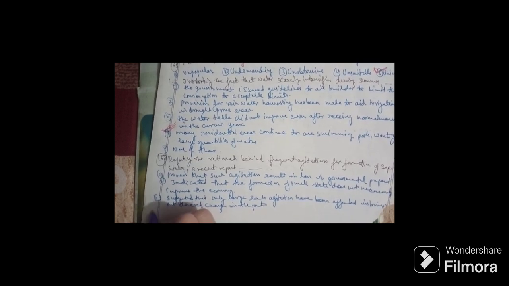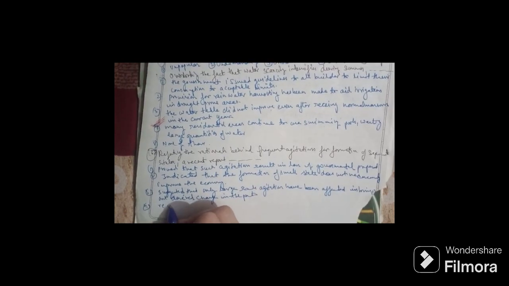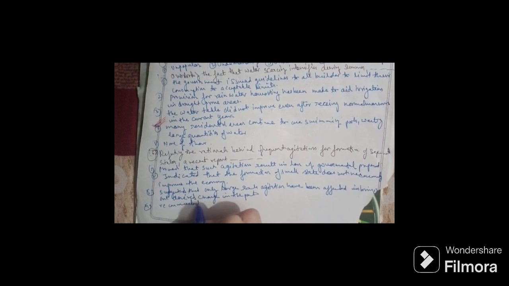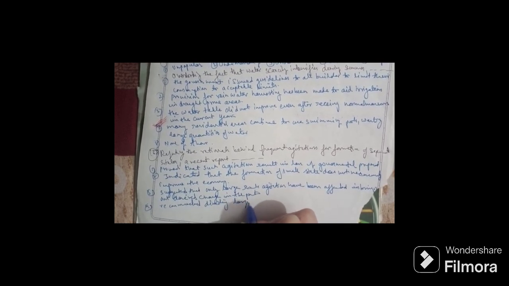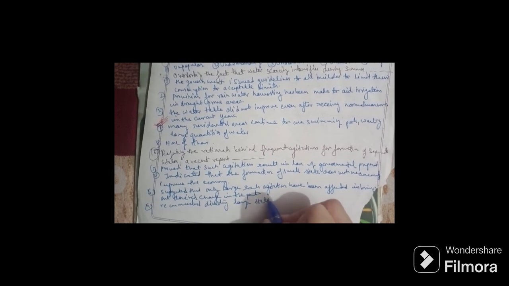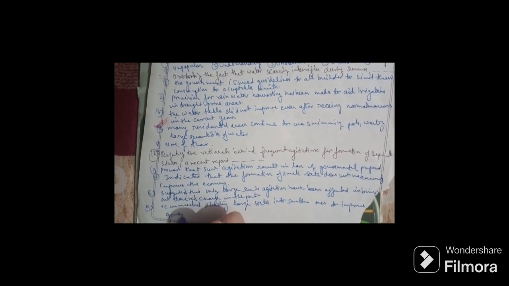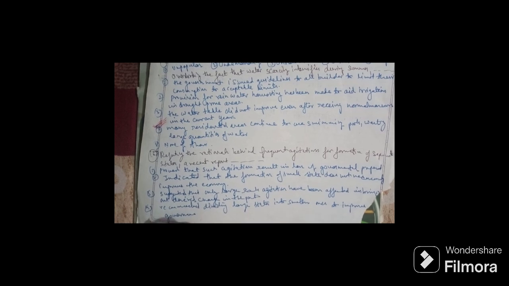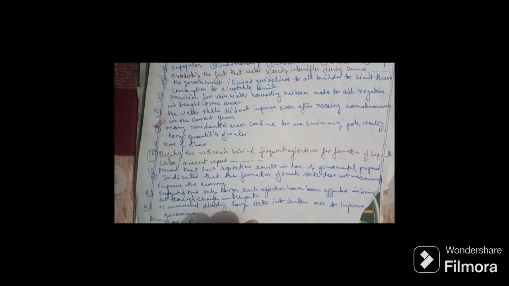The fourth is, recommended dividing large states into smaller ones to improve governance. And the fifth is none of the above.